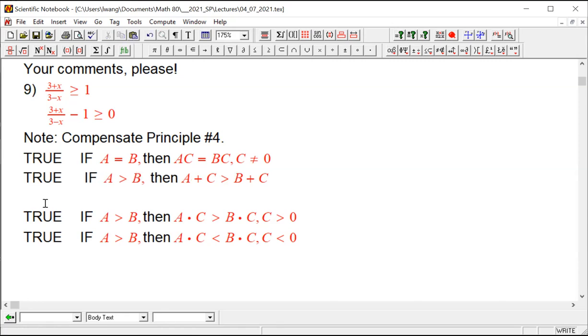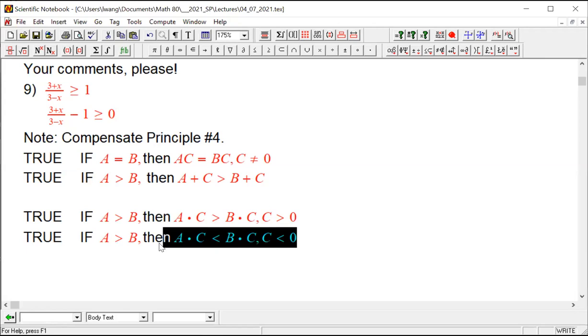Only when we multiply or divide, we have to switch according to the numbers we multiply or divide. If we multiply or divide by a negative number, we have to switch. If we multiply or divide by a positive number, we do not switch. But when adding or subtracting, we never have to switch regardless. Do you guys follow me? No switch, no switch. Switch is needed. Did you write it down?